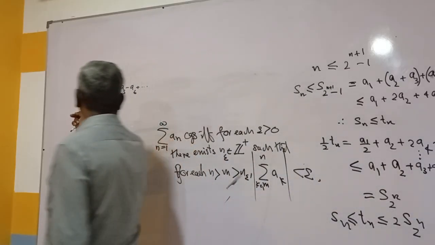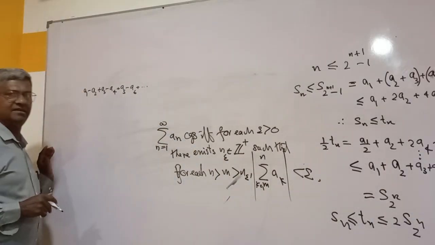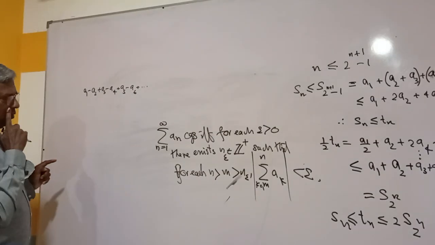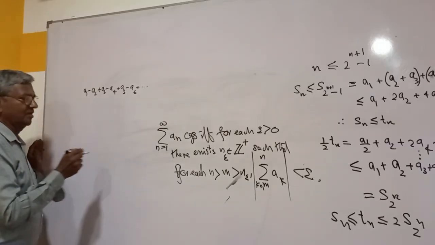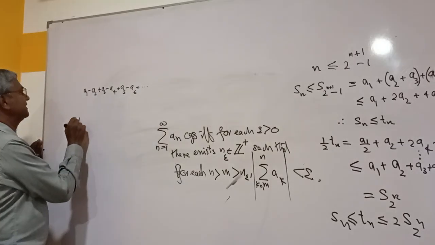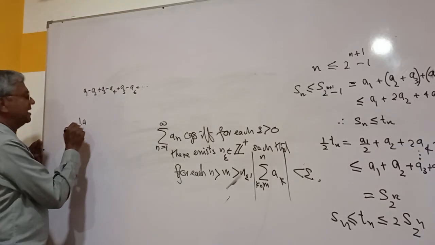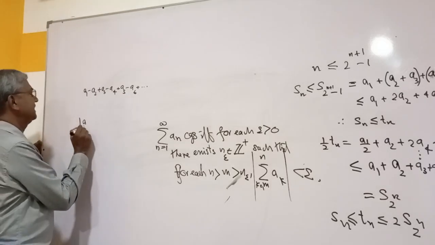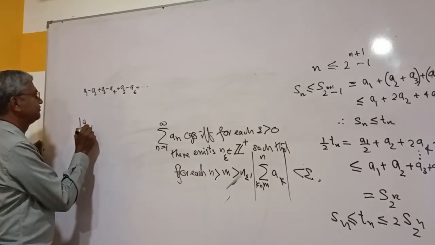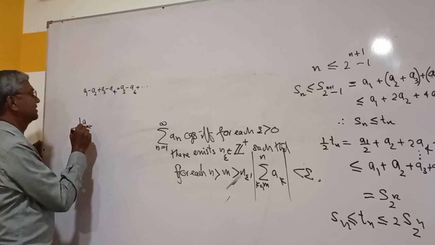To show that the series is convergent, we use the Cauchy criterion. So then we get the sum, like A m plus 1.